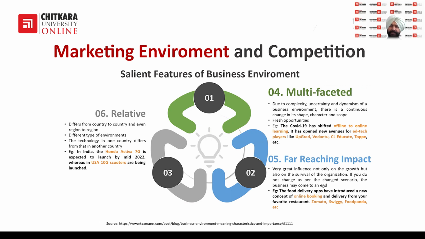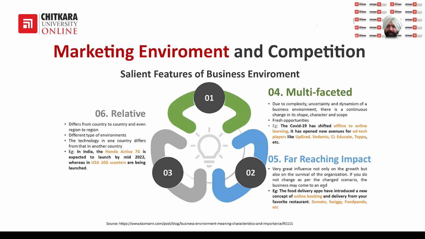So this is one example that, due to uncertain dynamism, there's a change, and even during COVID-19, things did not stop. There were ways and means to it. There were newer models in the market. If I talk about these online platforms, they were not there earlier. But now, even as COVID-19 is declining, people have not gone back from these platforms.